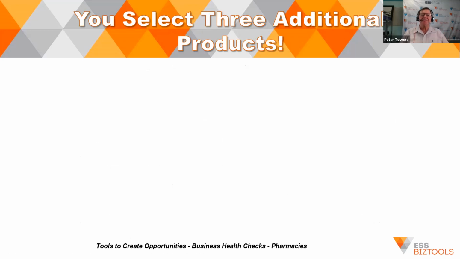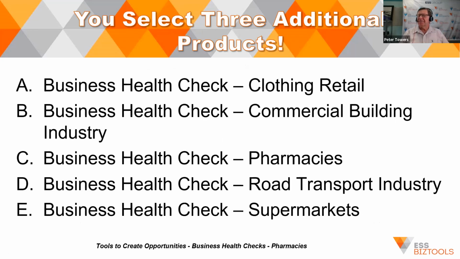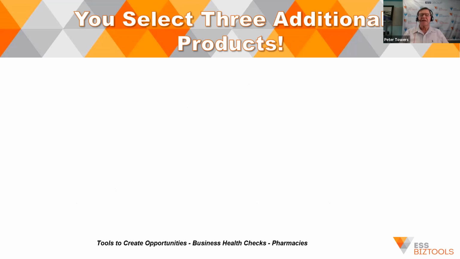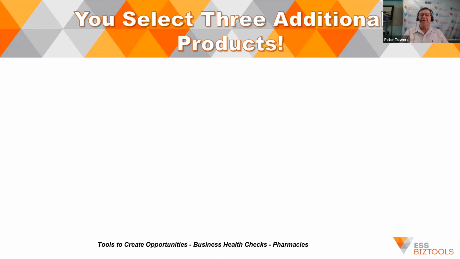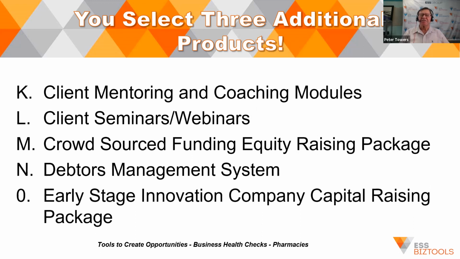And then you pick 3 other products out of 22. So we've got the business health checks, and there's the pharmacies that we've just looked at. And then we've got other products: business planning, tradies charge out rates, professional firms charge out rates, charge outs for retail and wholesalers, buying a business, client mentoring and coaching, client seminars and webinars, crowdsourced funding, equity raising, debtors management, early stage innovation company.